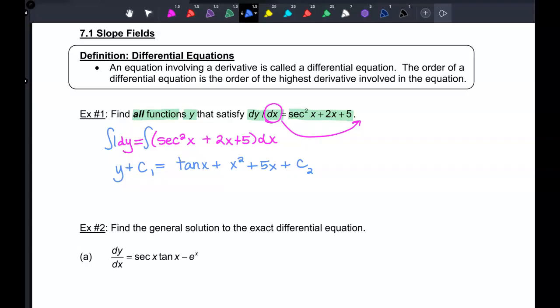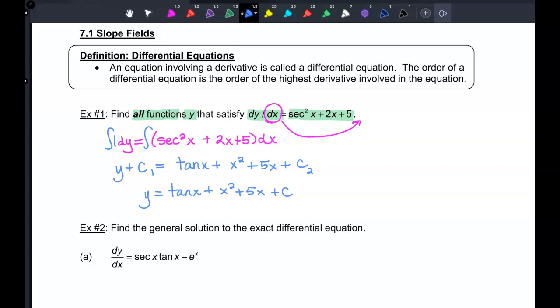I don't want you to mistakenly just get rid of the c because they're not necessarily the same. But my answer has to just be a y. So y equals tangent x plus x squared plus 5x. If I subtract c1 from c2, we don't care what it is. We just get a plus c.